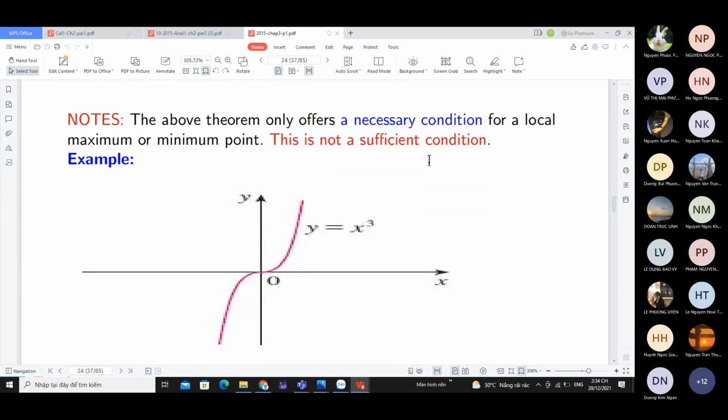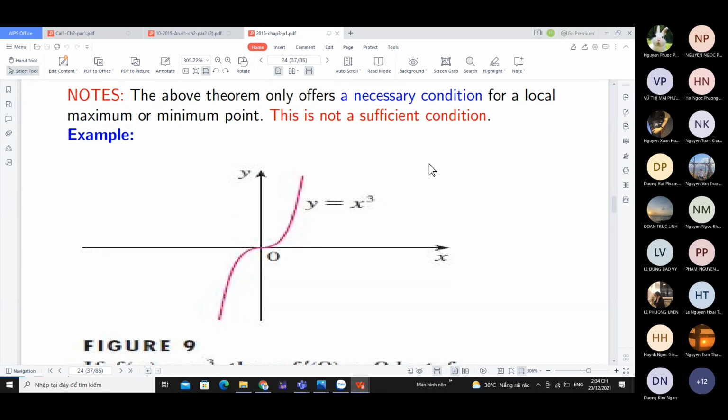Here you see, the above theorem only offers a necessary condition. It's not a sufficient condition. In Vietnamese, it's điều kiện cần, but not a sufficient condition, không phải là điều kiện đủ.